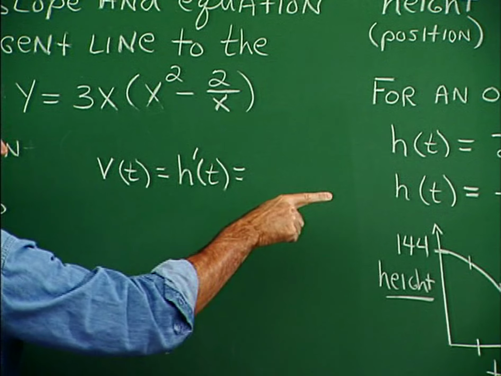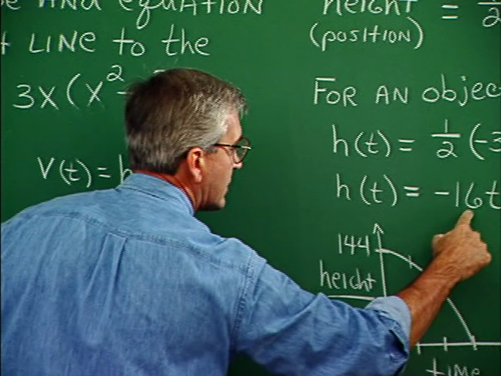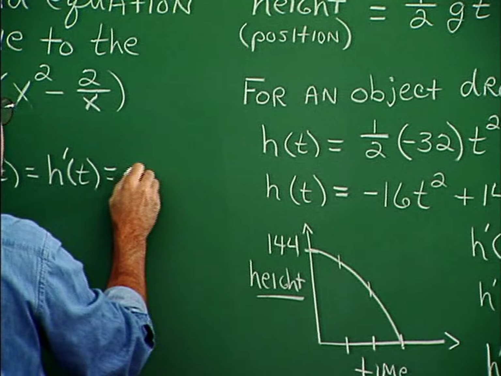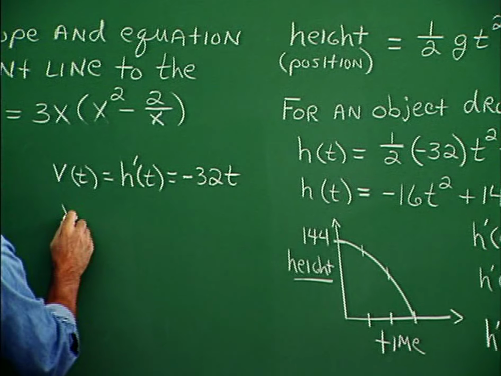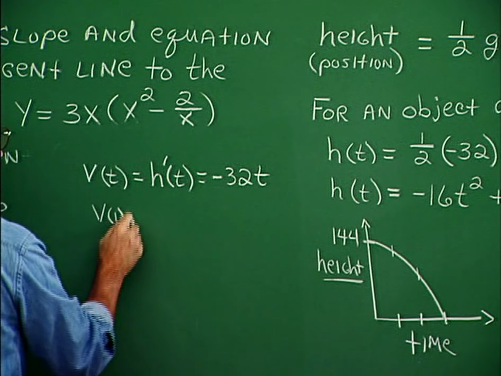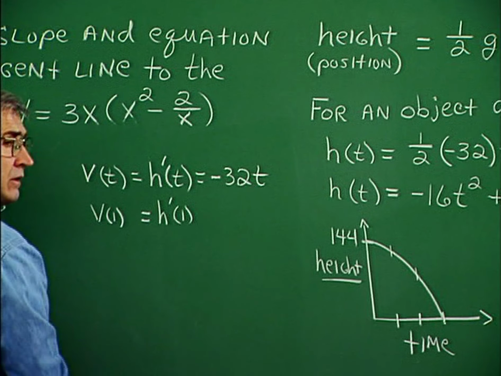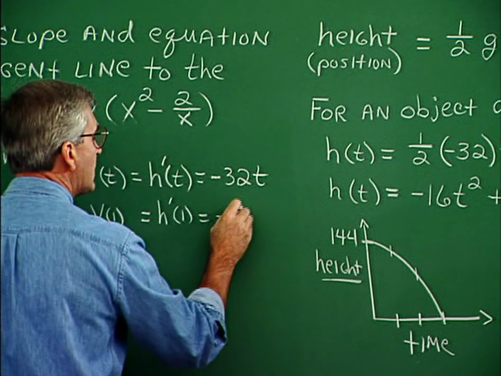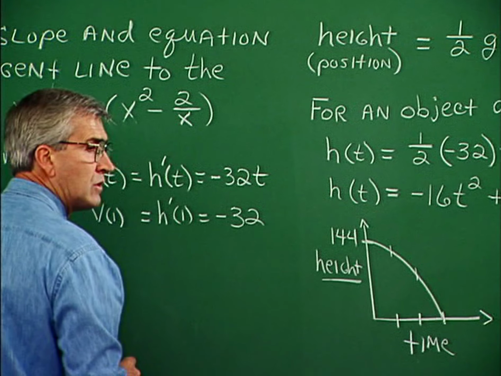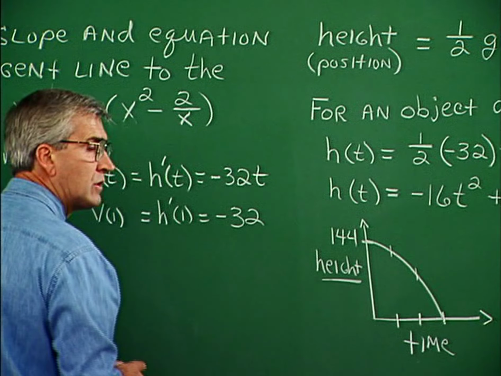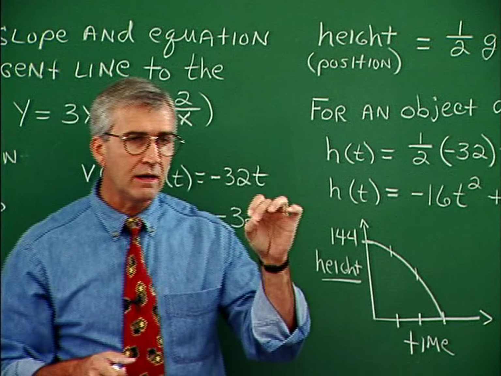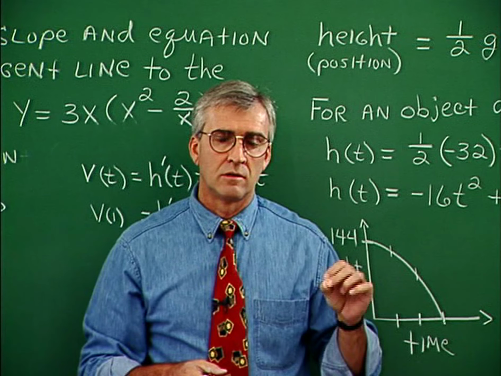And h prime of t is the derivative of this, which is, let's see, 2 times negative 16, that's negative 32 t, and the 144 goes out. So it's simply negative 32 t. So if I want the velocity after 1 second, then that is the same as h prime of 1, or negative 32 times 1, negative 32. So the velocity after 1 second is negative 32 feet per second.